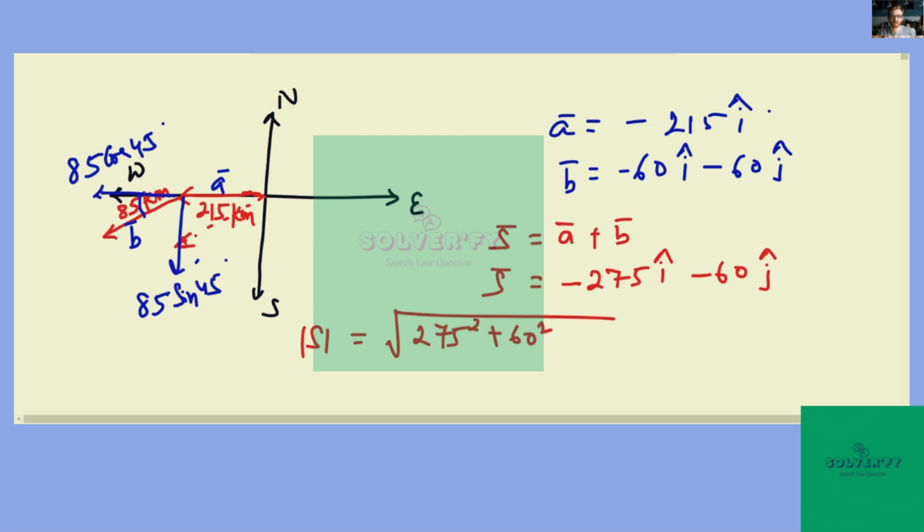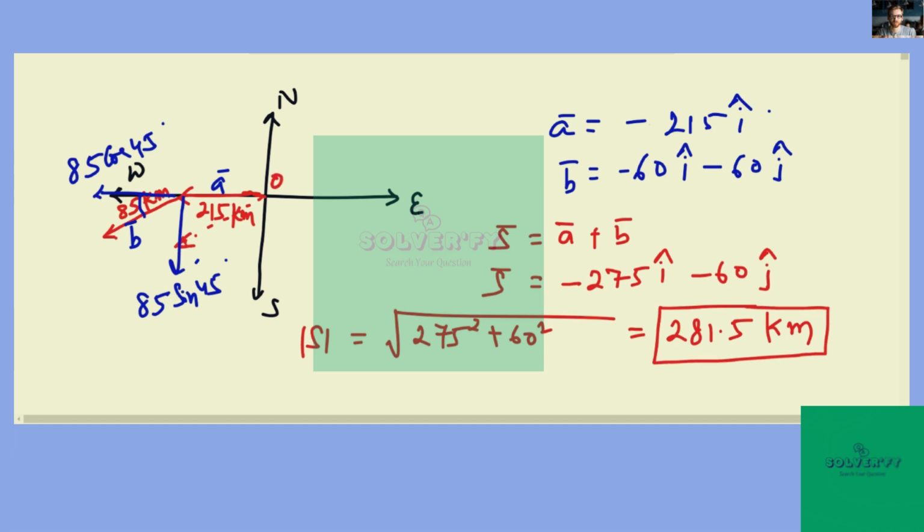When we square the value of 275, add the square of 60, and take the root of this, we get 281.5 kilometers. Now this is the overall magnitude of the displacement vector of the car with respect to the origin O.